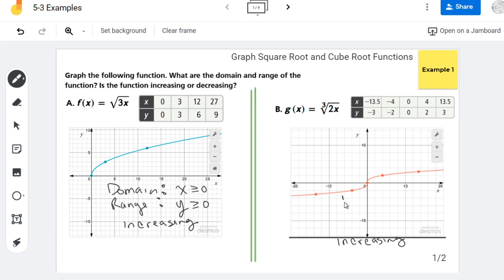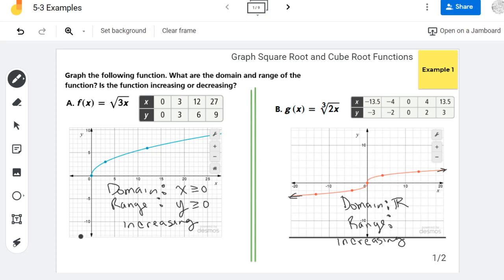Now this one, when we go to talk about the domain, this graph continues forever to the left and forever to the right. So our domain in this case is all real numbers, which I write using that funky little R. And the range is where kids tend to struggle on this graph.